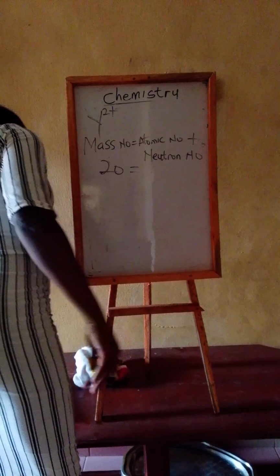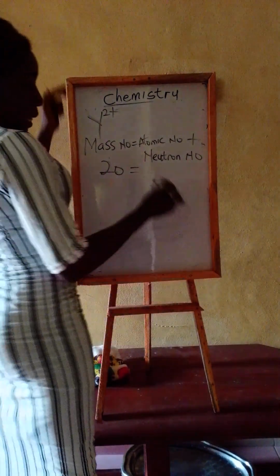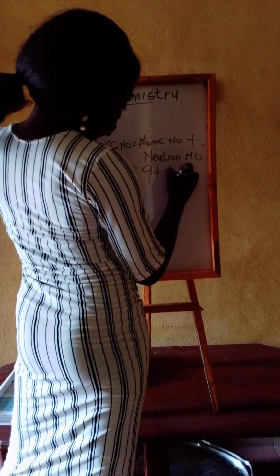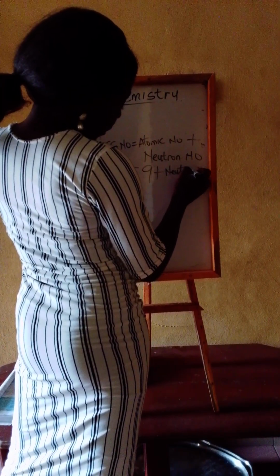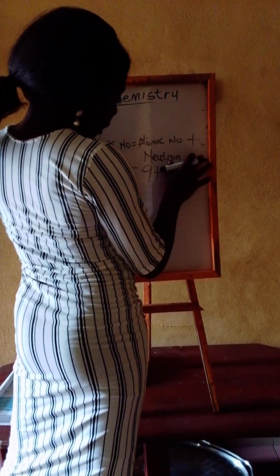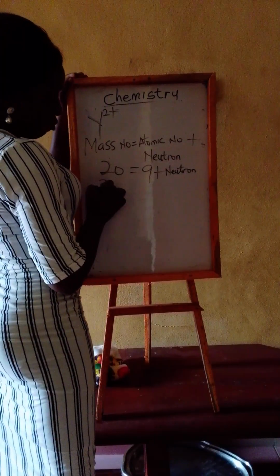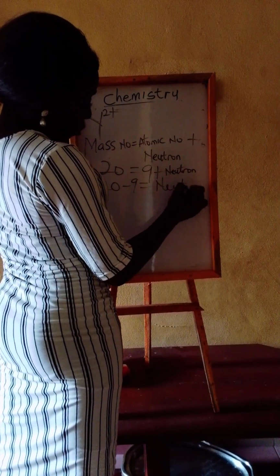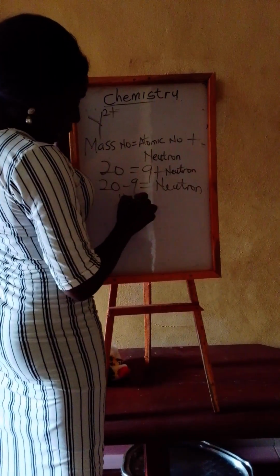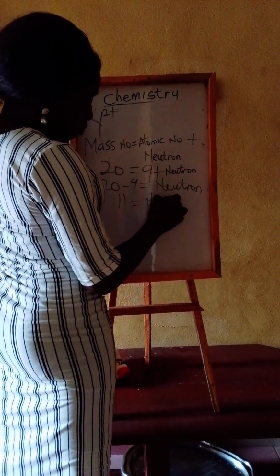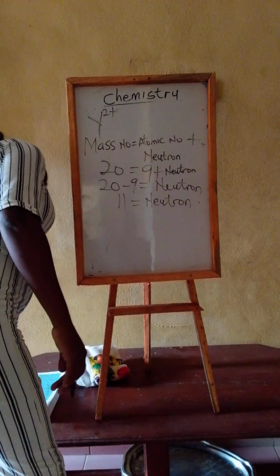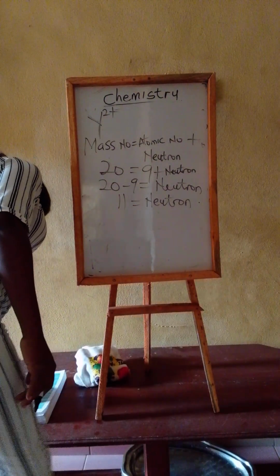So 20 equals 9 plus neutron. So we have 20 minus 9 equals neutron. So the number of neutron is 11.